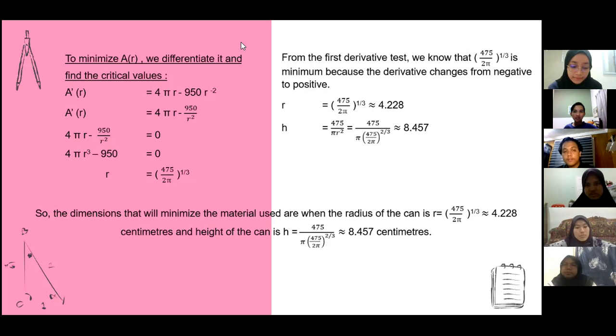Next, for the first derivative test. In order to confirm this, we have to use the first derivative test. You draw a table, and you need to know the critical value, which is the r here. By knowing the critical value, we can determine the intervals. Then you choose any number in each interval and substitute it into the derivative of A, so you can get whether it is negative or positive.